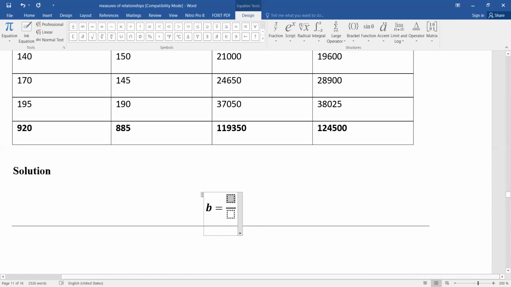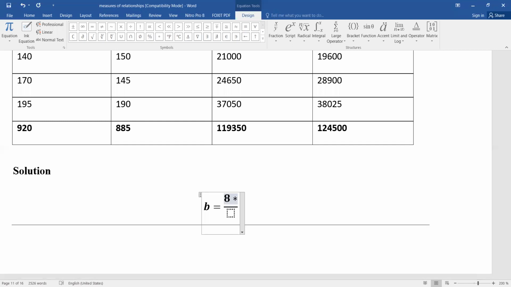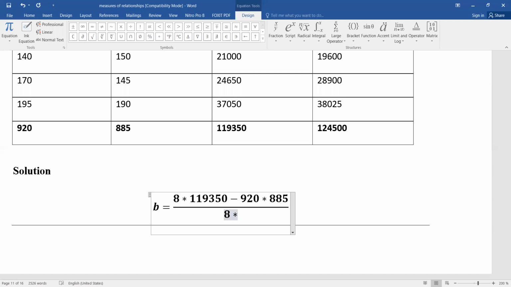So you'll have 8 times 119,350 minus 920 times 885 over 8 times 124,500 minus 920 and 920 squared minus.